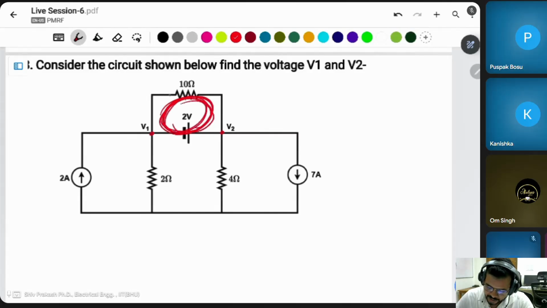This current is not considered by this equation, because this current is the same. This current is flowing through these two, three only. If you take the KCL as V1 minus V2, then V2 minus V1, they cancel out each other. Wait, I can do it for those two.